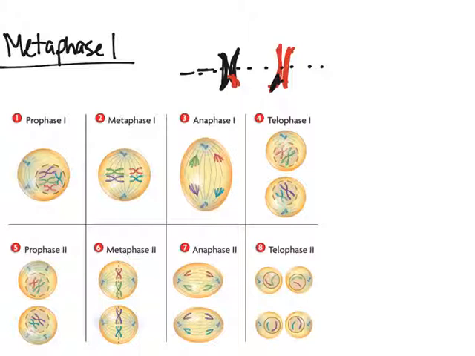I mean, it's pretty similar to mitosis. Really, meiosis and mitosis are pretty similar, but the prophase is the big difference between them. So anyway, this happens in metaphase I, and now anaphase.